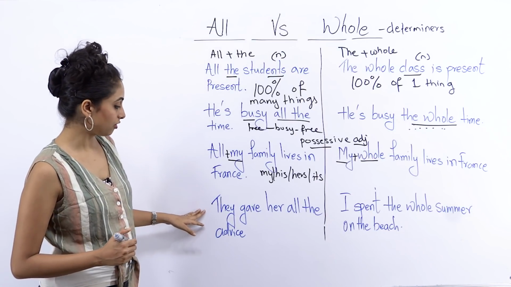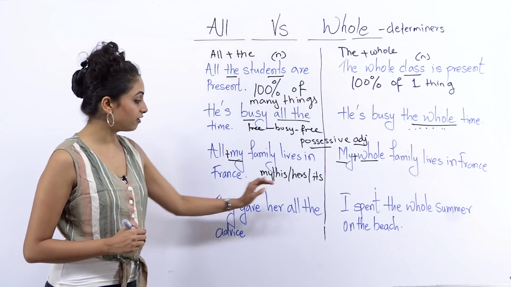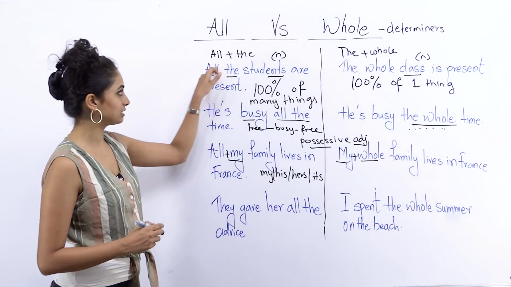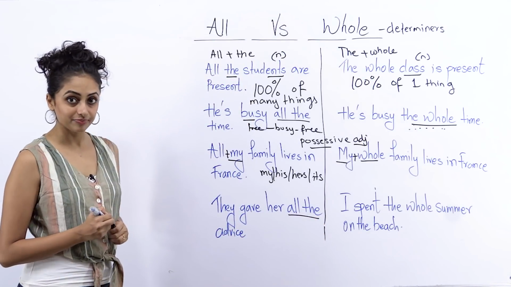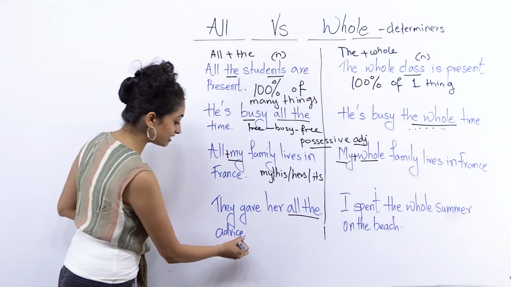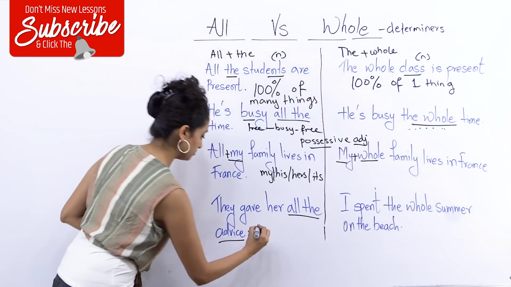They gave her all the advice. Okay, they gave her all the advice. This is the same as this. There's no difference in terms of this. But what's different over here is that advice is an uncountable noun.